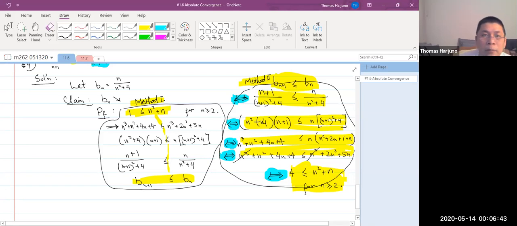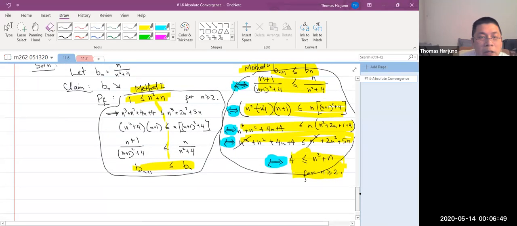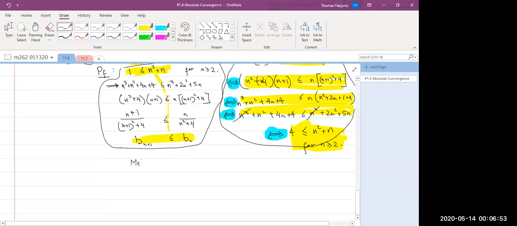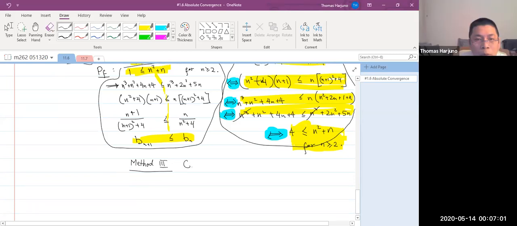By the way, do you have an idea on the third method to show that Bn is decreasing? You let it equal a function and then take the derivative. Yeah, that's right. So we use the continuous function.